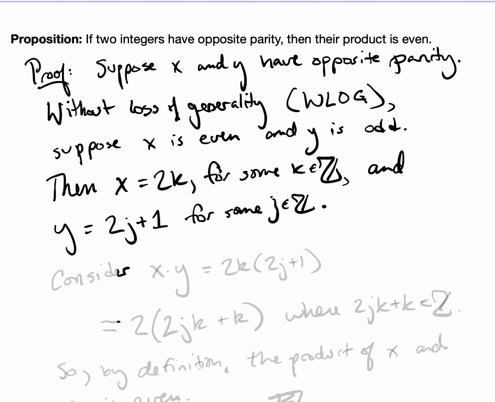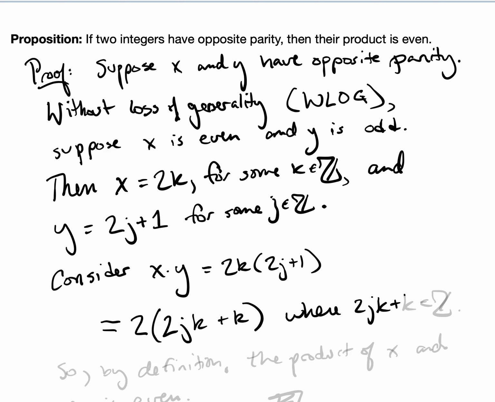Okay, so I'm trying to prove that the product is even. So consider the product. Consider x times y, which is equal to 2k times 2j plus 1. I'm trying to show this is even, so what I need to do is factor out a 2. That's essentially done for me already. I could leave that 2 on the outside and distribute the k. So this is 2 times 2jk plus k, where 2jk plus k is an integer.